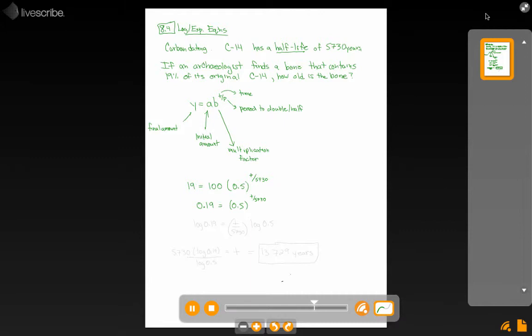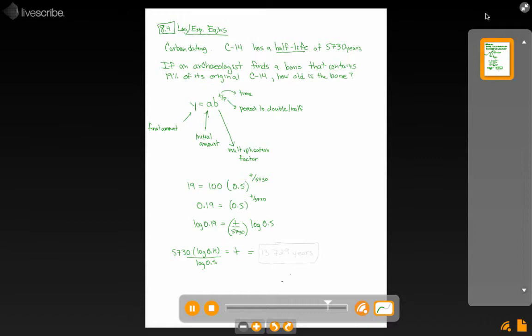This could be done graphically, graph the left side, graph the right side, see where they intersect, or do it as a log problem. You've got log 0.19 equals t over 5730 times the log of 0.5. That allows me to leave t by itself: multiply by 5,730, and then divide by log of 0.5 to figure out what this time period is.